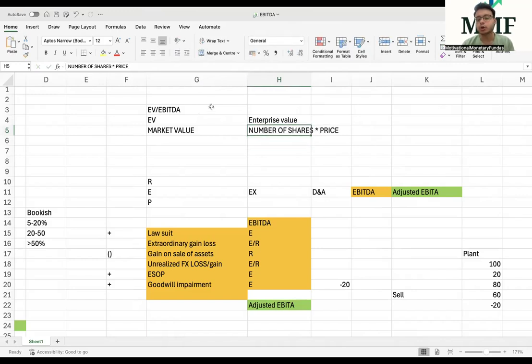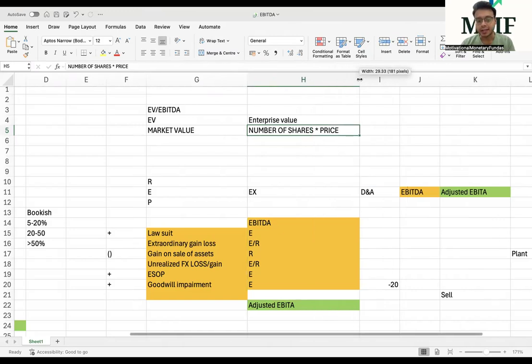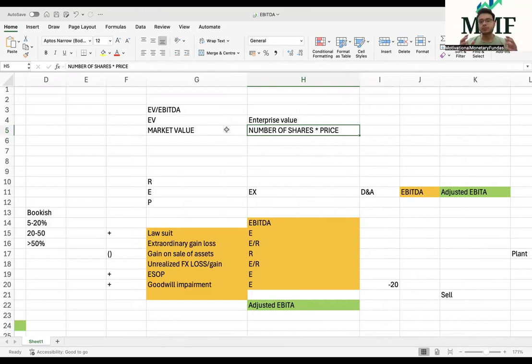So hence the market value is just taking into account the total number of equity shares into price, just from an equity perspective or a preference shares perspective. So the market value takes into account both the equity shares as well as the preference shares.